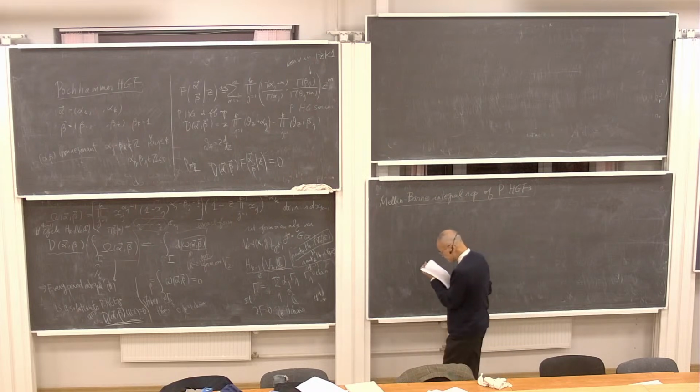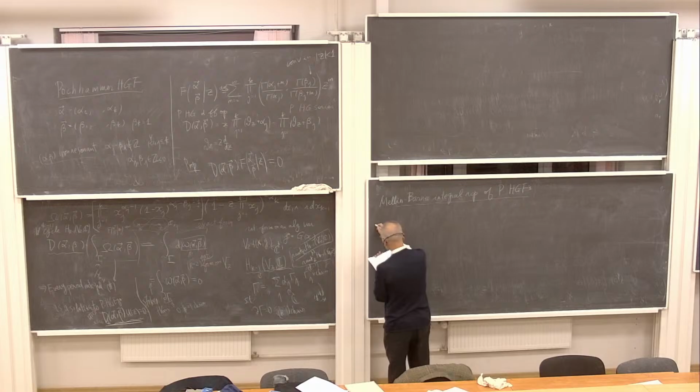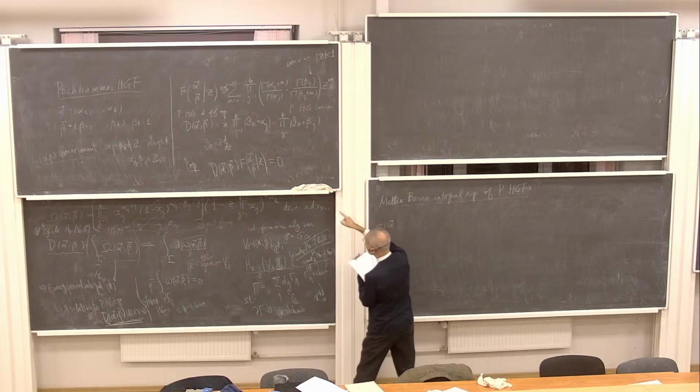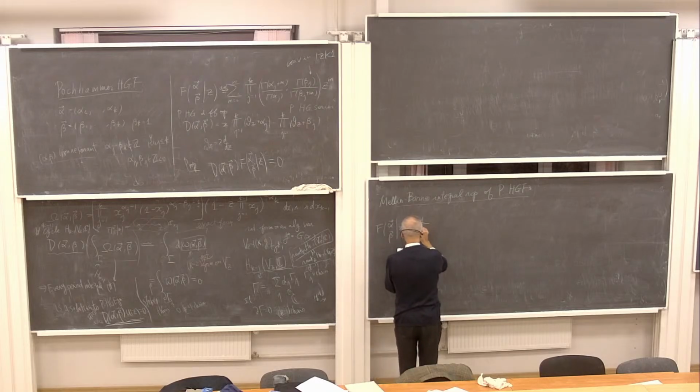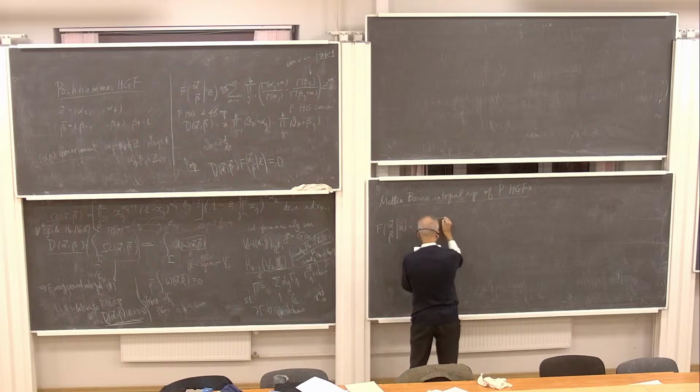So the first result is the following. Our initial Pochhammer hypergeometric series allows us to admit an integral representation of the following form.